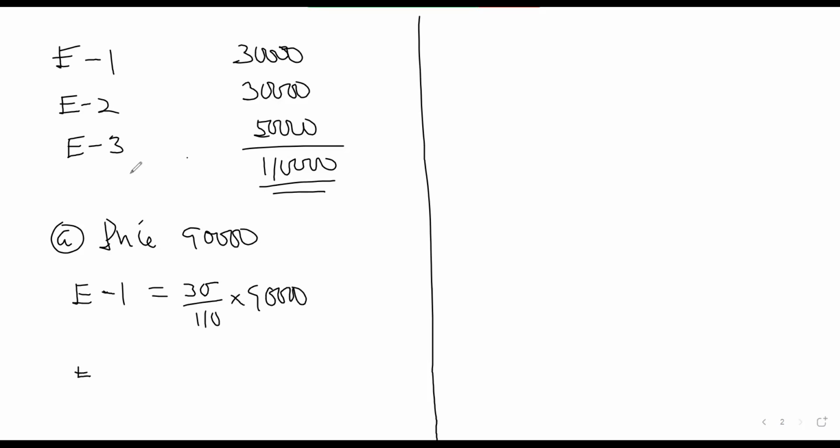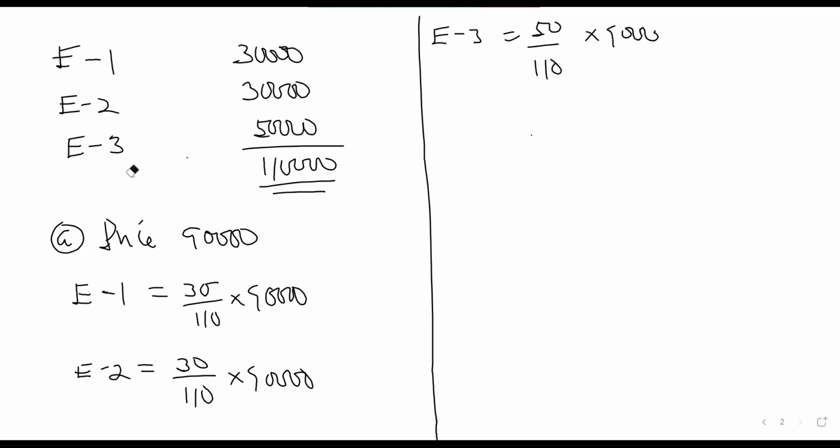Then you come to E2. E2 will give you 30 over 110 times 90,000. Then you come to E3. That will give you 50 over 110 times 90,000.